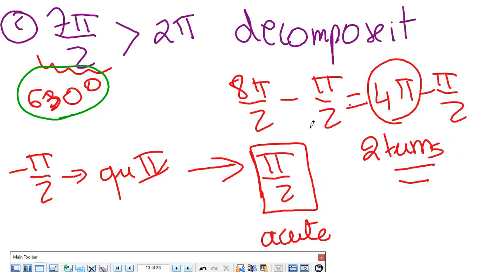So 8 pi over 2 minus pi over 2, which means 4 pi minus pi over 2. 4 pi means you did two turns. I'm standing here, I did a turn and then another turn and then I did minus pi over 2. So I am here, on the edge. So I'm in quadrant 4, and my acute angle is minus pi over 2.